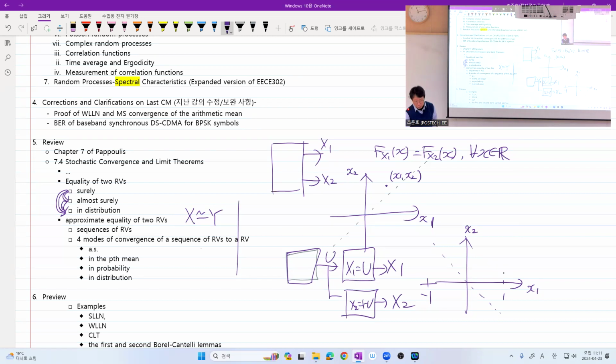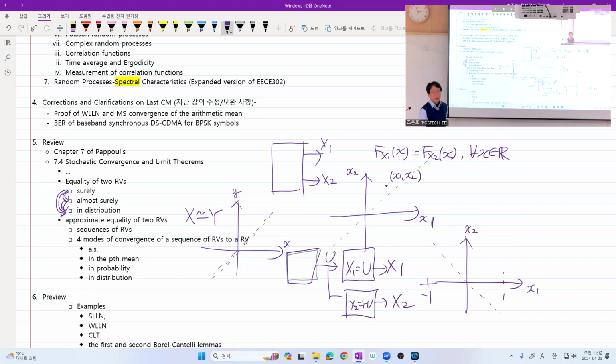For example, you plotted a scatter plot, and they almost lie on this y equals x line, right? With some ignorable error, then you may be sure that under some condition, we may say that they are almost the same.